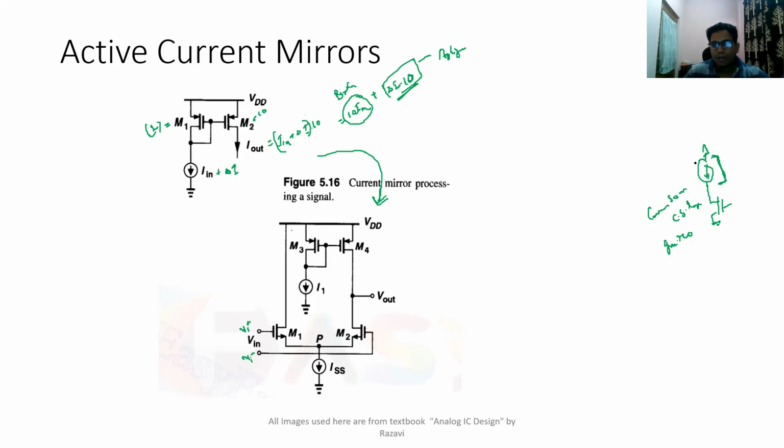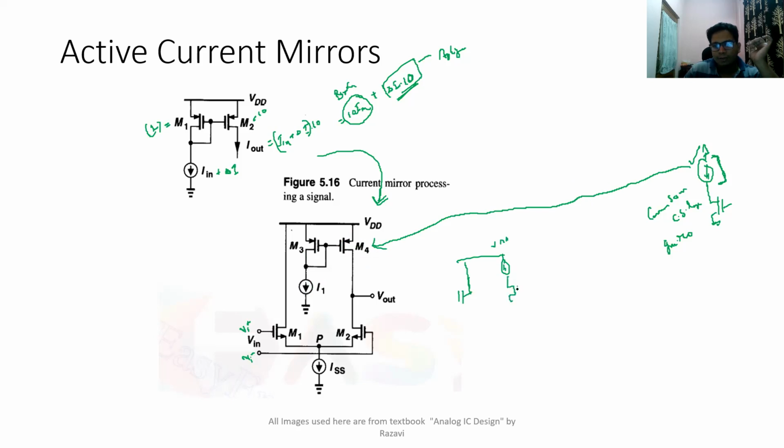Instead of using a current source, we know how we generate it. Just now I have discussed this a lot. We cannot just put a current source, but it is easy to put a current mirror. Therefore we have replaced this current source with a current mirror, and that current mirror is getting its current from the golden reference. This I1 is a golden reference. It is as if this circuit has one end directly connected to VDD and the other end connected to a current source.